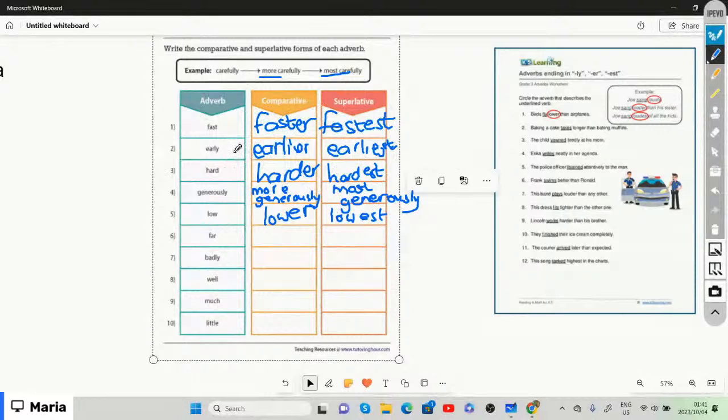And when our word ends in a y, we drop the y and we add ier to the comparative adverb that shows two actions being done, and we add iest to the superlative adverb to show more than two actions being done.